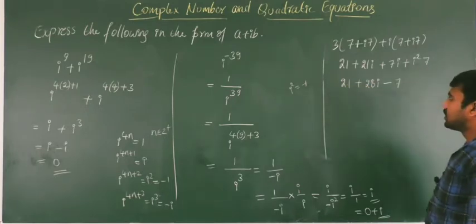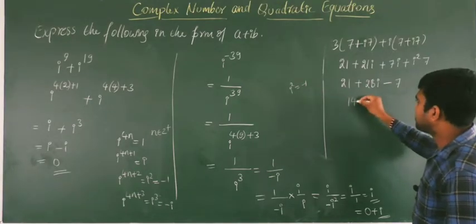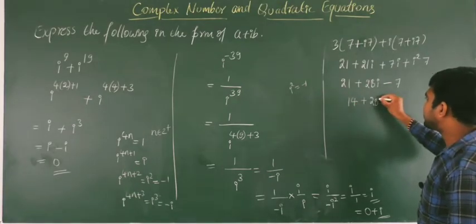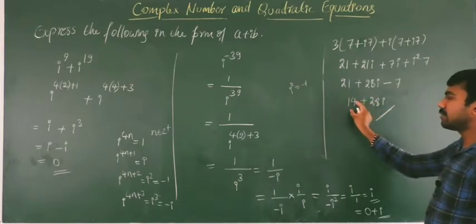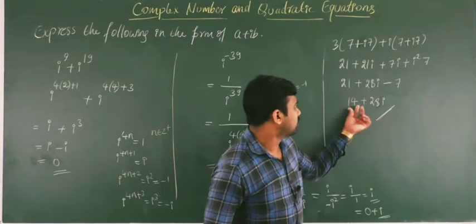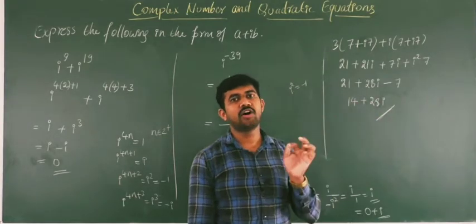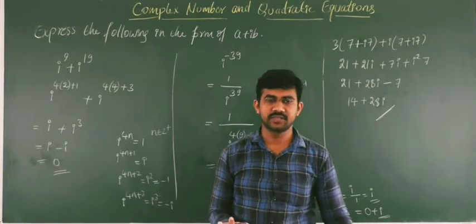Now 21 minus 7 is nothing but 14, plus 28i. So this is the real part and the next one is the imaginary part. So 14 plus 28i, or 14 plus i into 28, anyway we can write.